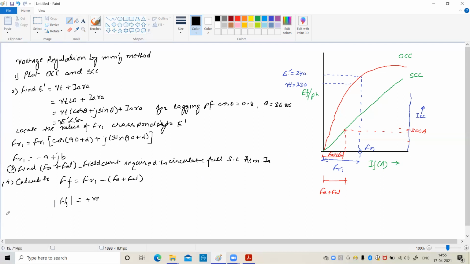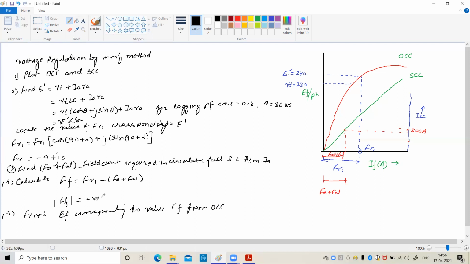Now look at point number 5. Find EF, excitation EMF, corresponding to the value of FF from the OCC. What we have to do?